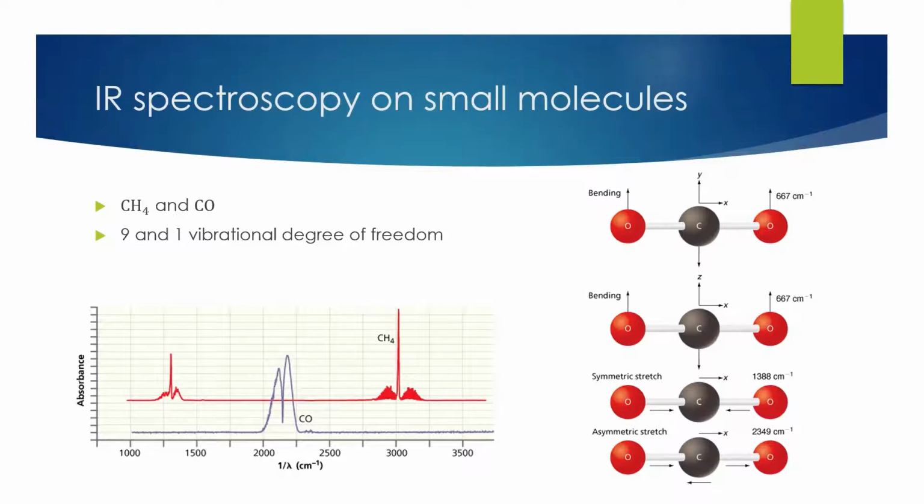Here's an example of a symmetric stretch for something like carbon dioxide. So some of the modes are not visible because they are symmetric. And others of the modes are energetically degenerate, so they will overlap with each other and appear at the same wavelength.